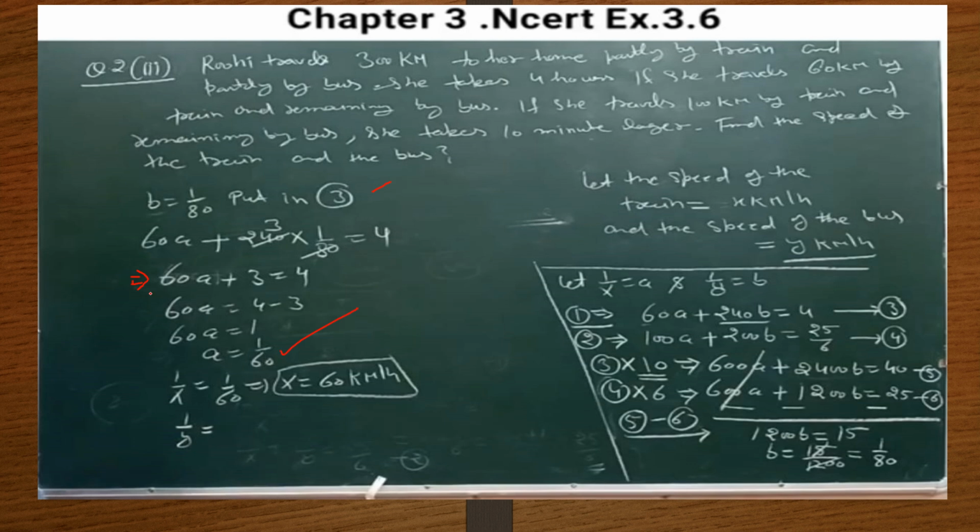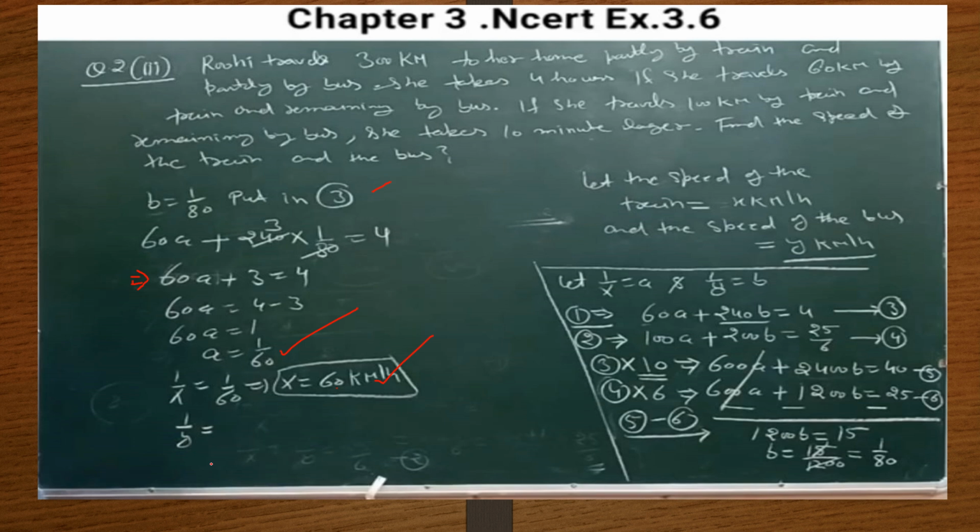Now students, we got the value of a and the value of b. Here we have supposed 1 by x is equal to a. The value of a is 1 by 60. Now we do cross multiplication: x multiplied by 1 is equal to 60 multiplied by 1, which is 60. So x is 60 kilometer per hour. We supposed x is the speed of the train, so the speed of the train is 60 kilometer per hour.